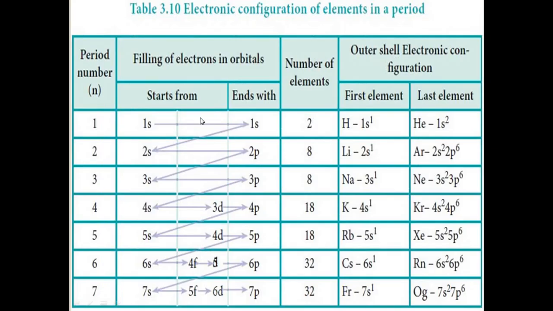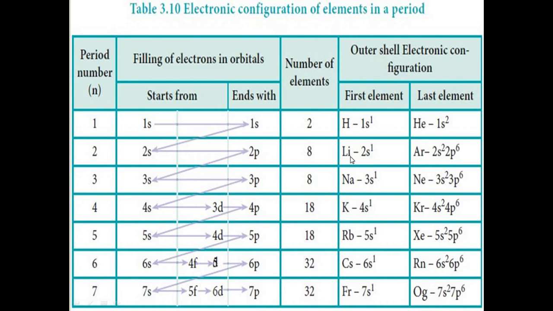Okay, let's see the second period. It starts from 2s and ends with 2p, because the last shell in the periodic table, in p block elements, is 2p, 3p, 4p, 5p. Okay, are you getting this? So 2s gets converted into 2p by using 8 electrons.